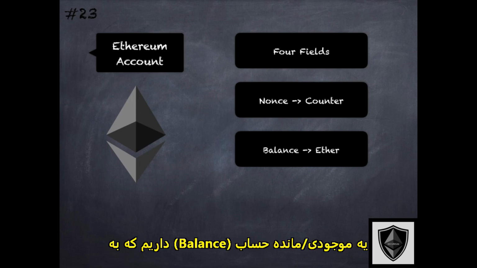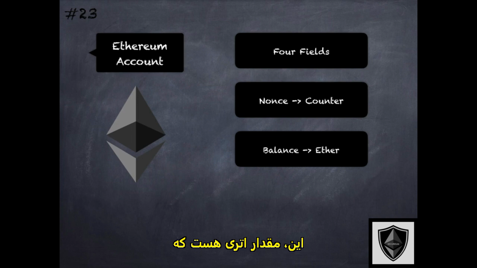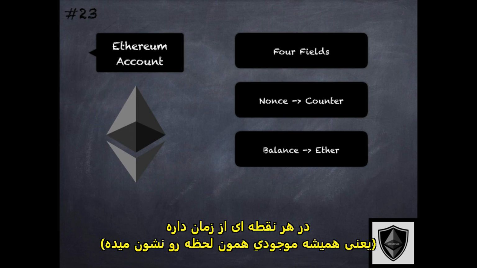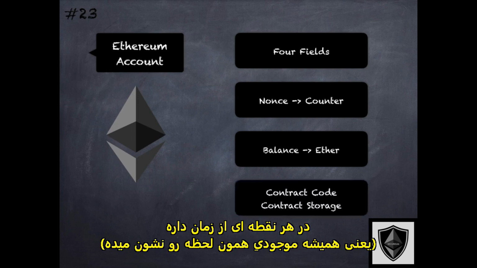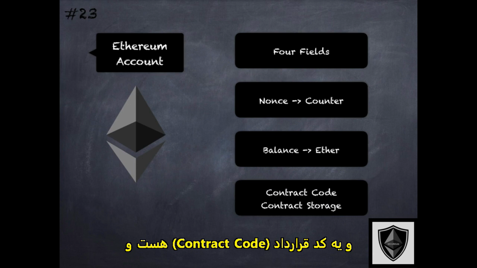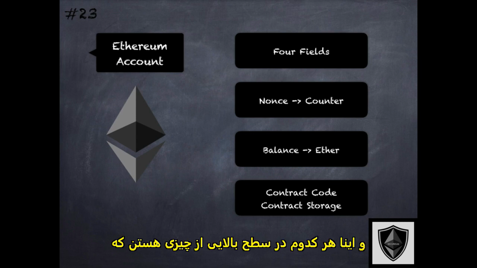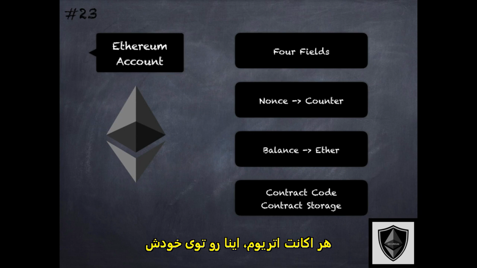There's a balance that is maintained in Ether. This is the amount of Ether that the account has at any point in time. And then there is contract code and contract storage. We'll look more into all of this, but this is at a high level what each Ethereum account contains.